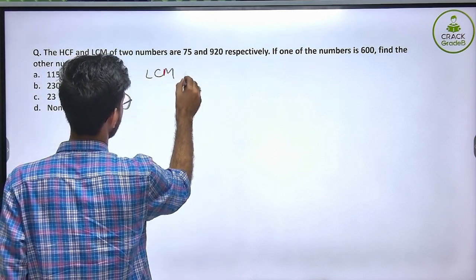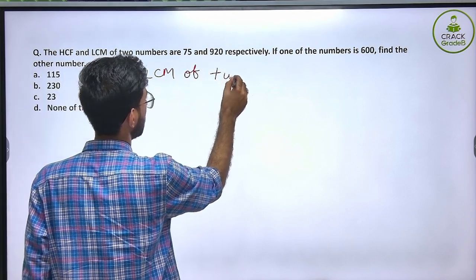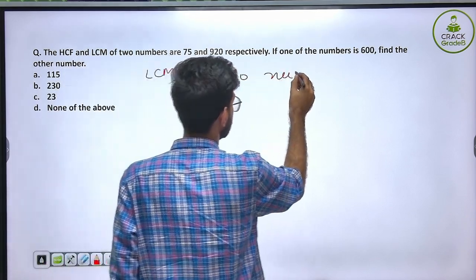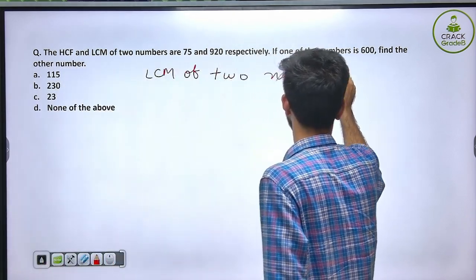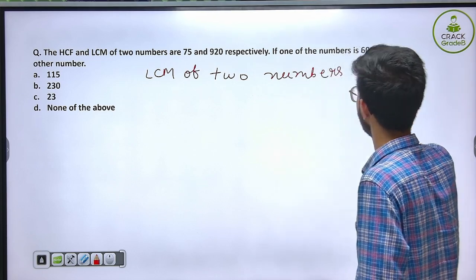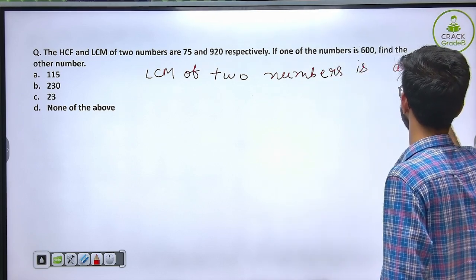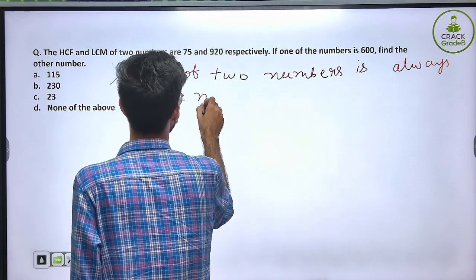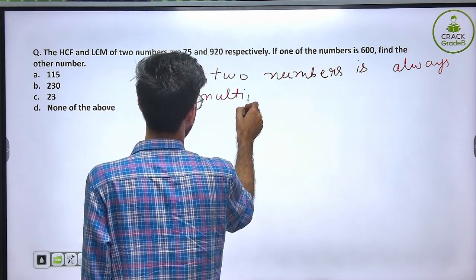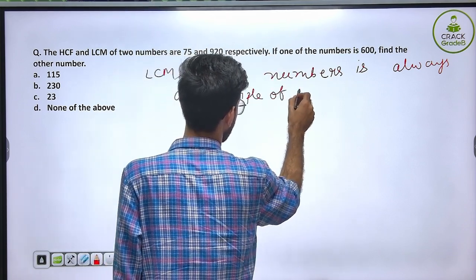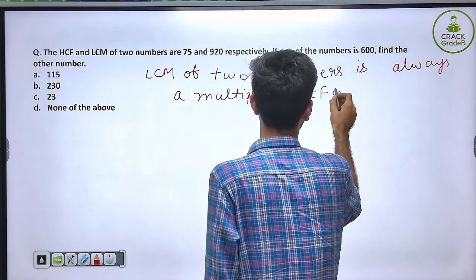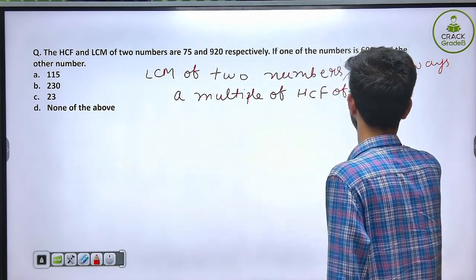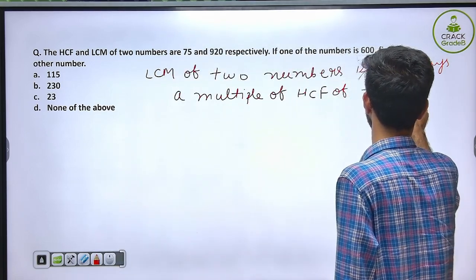LCM of two numbers, note it in your diary, LCM of two numbers is always a multiple of HCF of those two numbers.